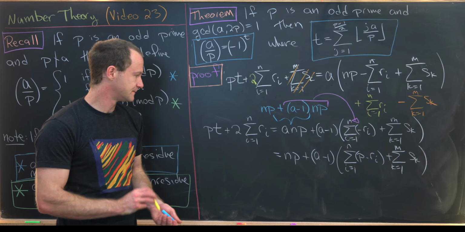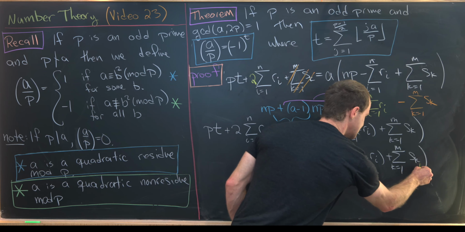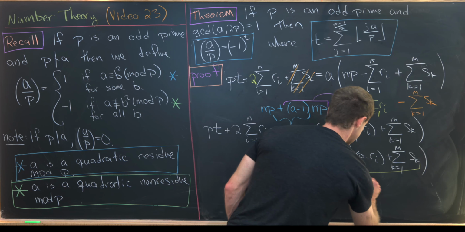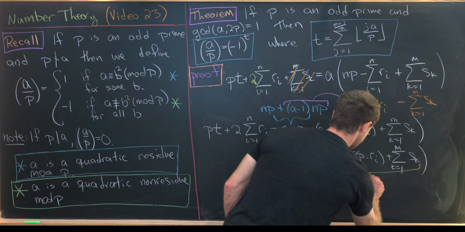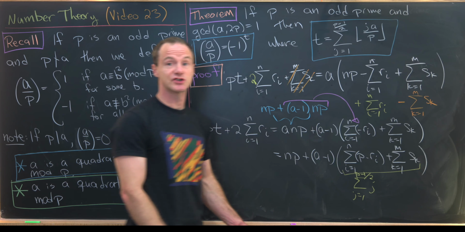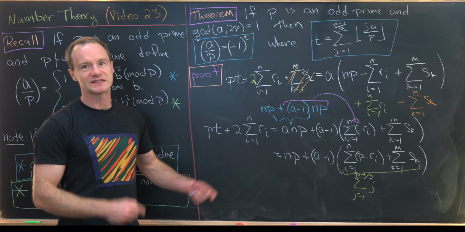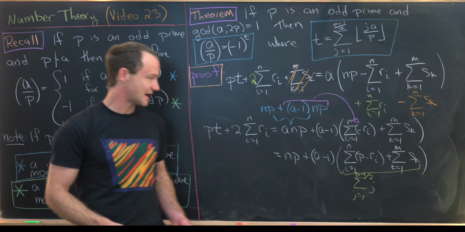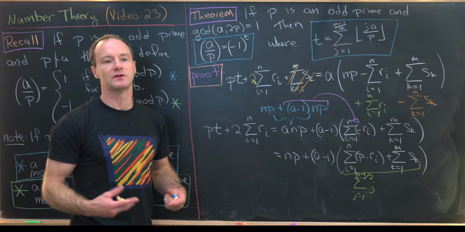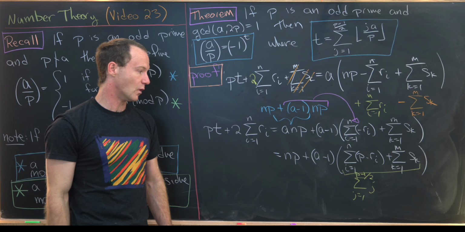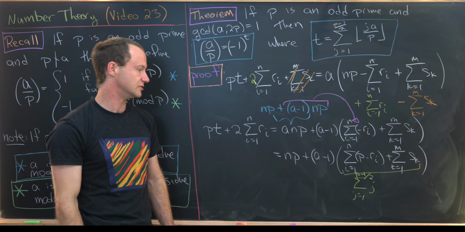Okay, great. But now we can see that this thing right here is exactly the sum as j goes from 1 up to p minus 1 over 2 of j. It's a triangular number. And that's by this argument that we've used several times so far, that p minus ri and sk build up all of the numbers between 1 and p minus 1 over 2.